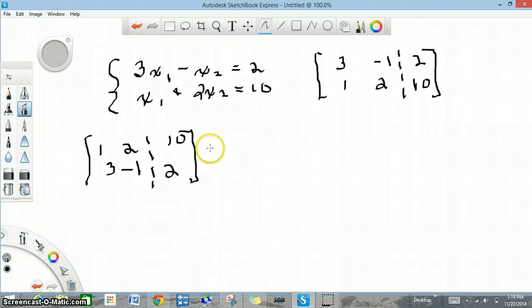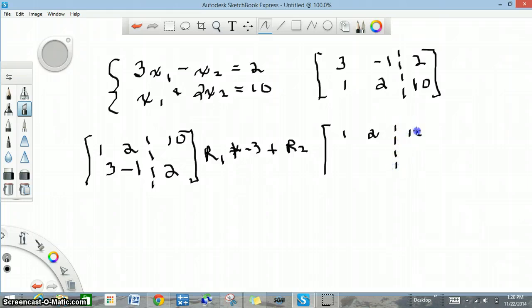Now I'm going to take row 1 and multiply it by -3 and add it to row 2, replacing row 2. It's important to note that row 1 will not be affected. However, row 2 will become quite changed.